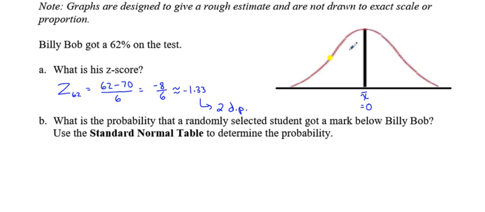This point right here and its equal symmetrical point over here is approximately where one standard deviation is. So that's about where a z-score of 1 would be, and that's approximately where a z-score of -1 would be.